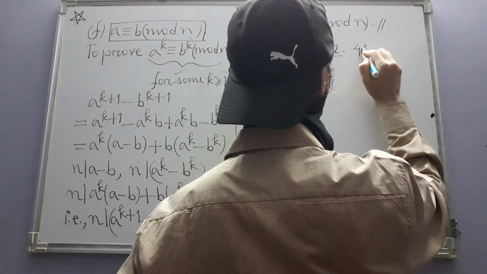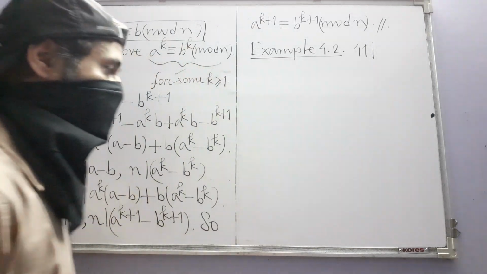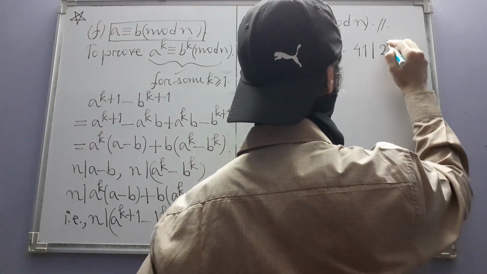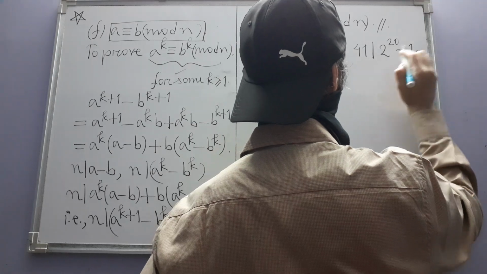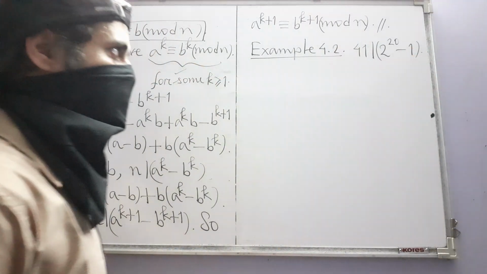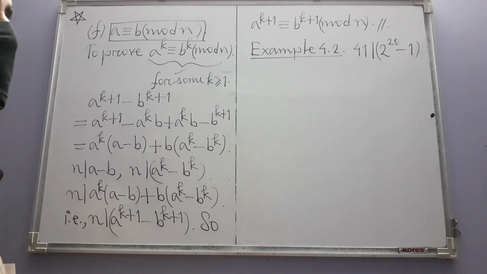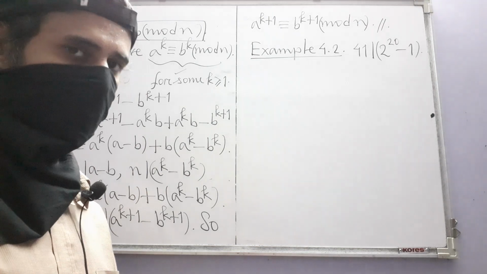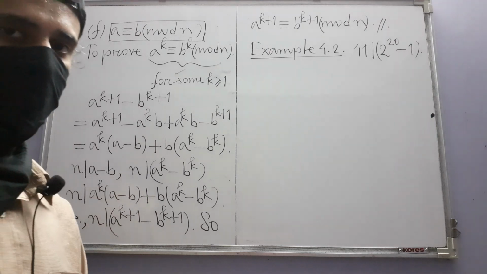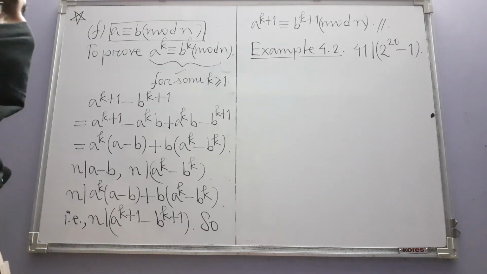Suppose you want to show that 41 divides 2 to the power 20 minus 1. Now, of course, 2 is not a very big number, but multiplying 20 copies of 2 will really be large, although not unimaginably large, but still large.